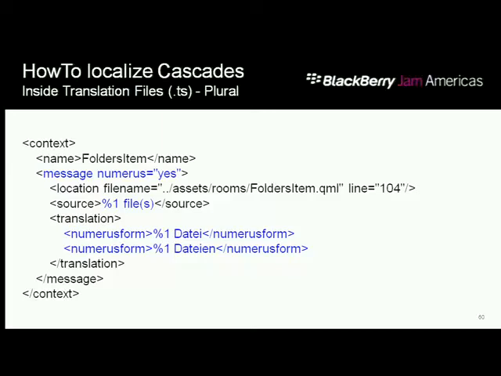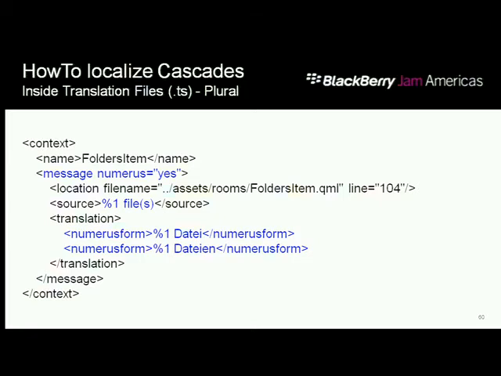Here's how it looks if you have plurals. Then you find here a numerus attribute set to yes, and you have two lines. One line for the singular and one line for the plural. And in German, file and files is Datei and Dateien. And you see, for each case, you decide where the parameter will be replaced.